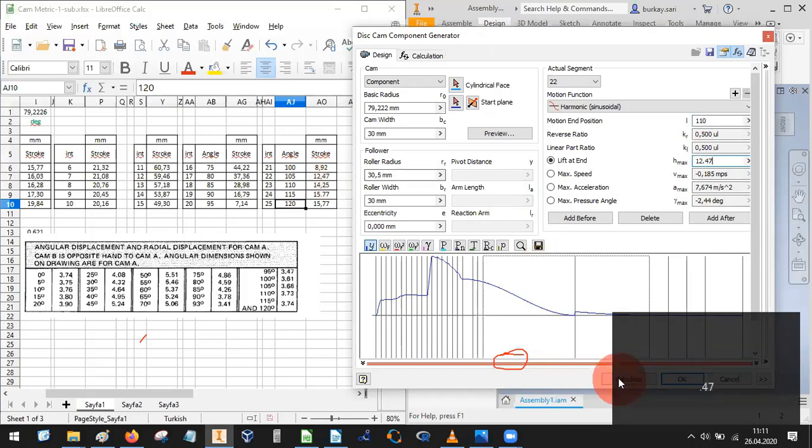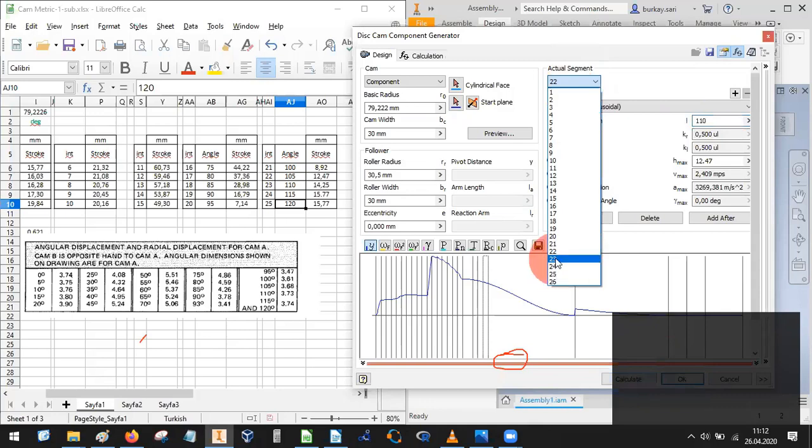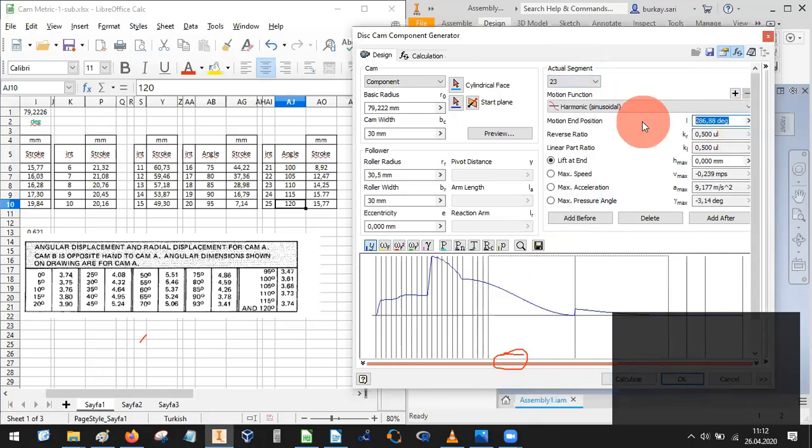48. Hit the calculate, then which is 105. I'm sorry. For the 23rd, 125, 155. 24.25.